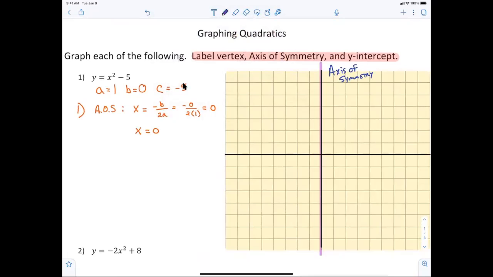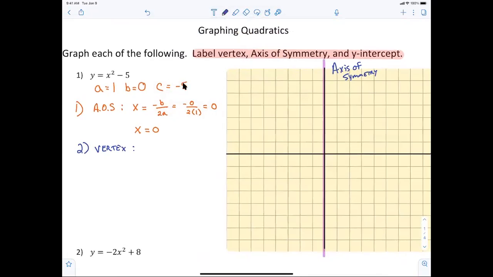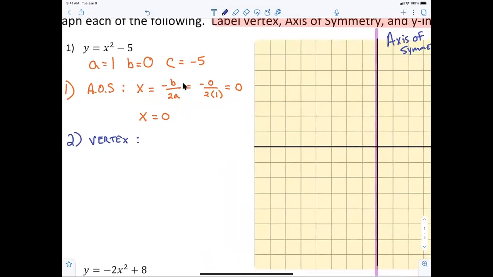So now, after you do step number 2, we're going to find the vertex. And the vertex is -b over 2a, comma, f of -b over 2a. Now that looks really complicated, and I'm going to break it down for you.